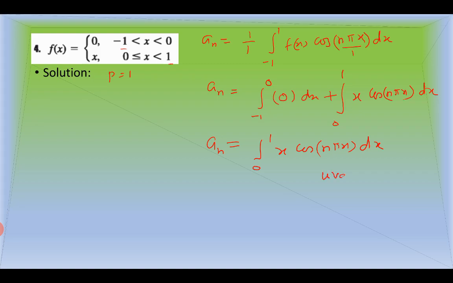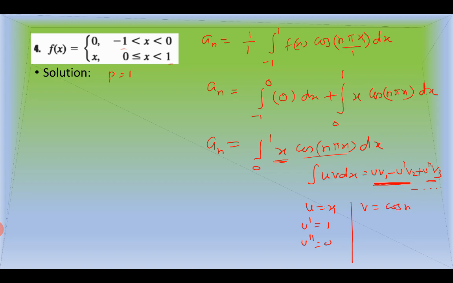Integral uv dx is equal to u v1 minus u dash v2 plus u double dash v3, if an algebraic function is available along with the exponential or cosine. You can use this format. It goes on, but we know what u is here. u is x, so u dash is 1, u double dash is 0. We don't need the third term, we need only the first two terms, v1 and v2.